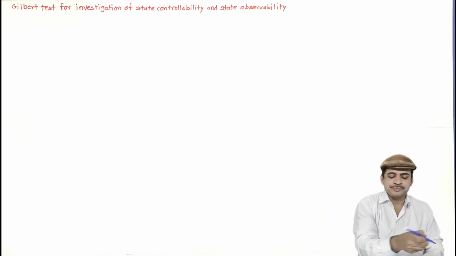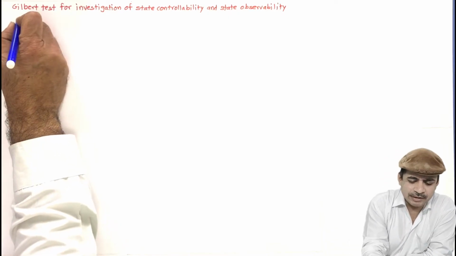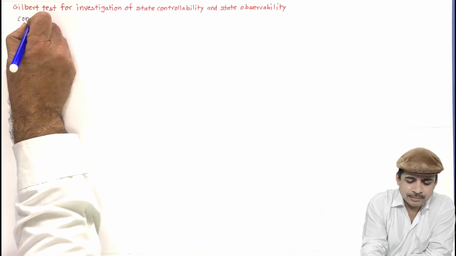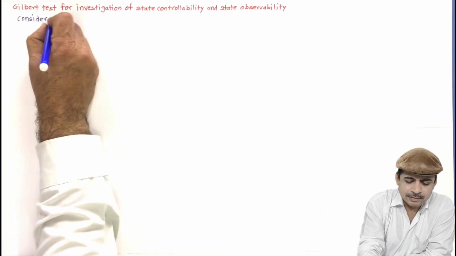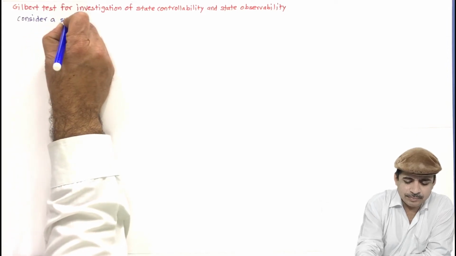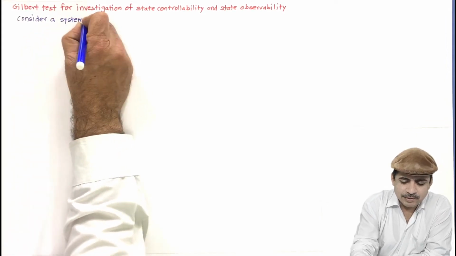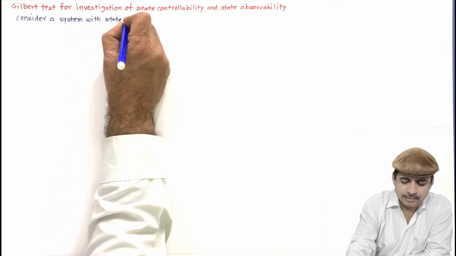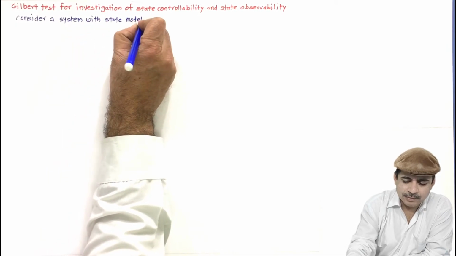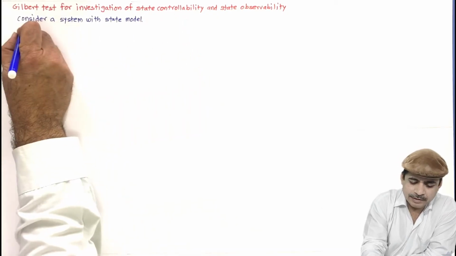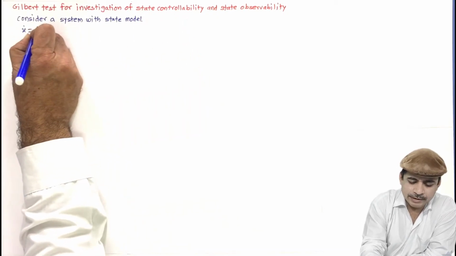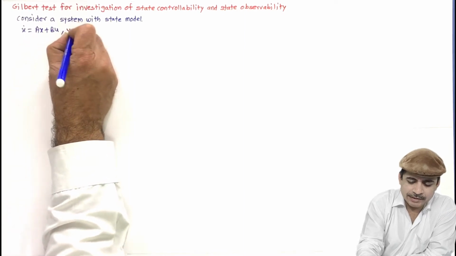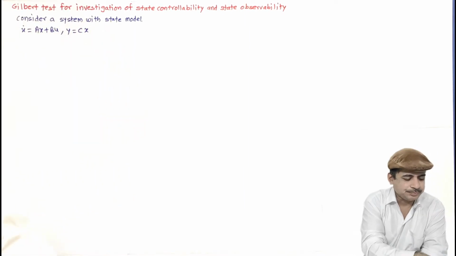Let us consider a system with state model x dot is equal to Ax plus Bu and y is equal to Cx.